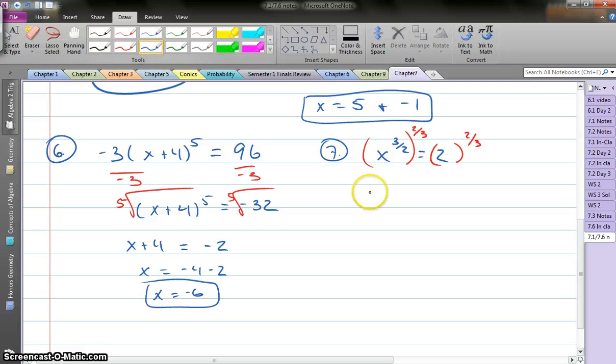So now on the left, I'm just left with x. But I'm going to rewrite this to be the cubed root of 2 squared. So all I do is switch forms, and then I get x equals the cubed root of 4. And that's my answer. That's an acceptable answer.